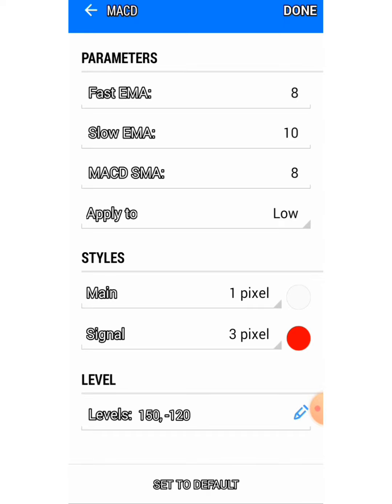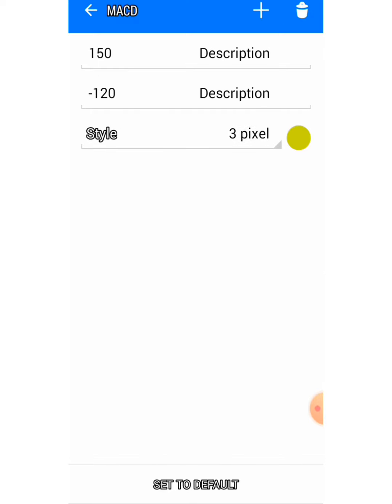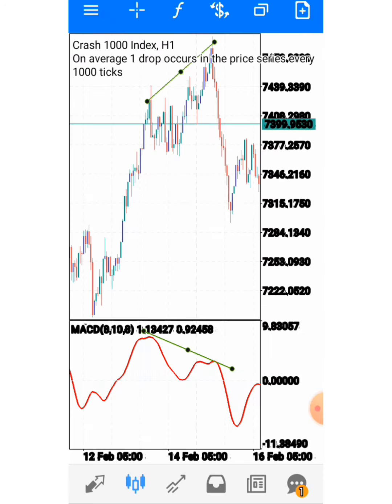Styles: main style is 1 pixel, and the signal is 3 pixels, you can use a color of your choice but I'm using red. Levels are 150 and 120, any pixel of your choice and color of it. Then get back and click done. So that is what I'm using.